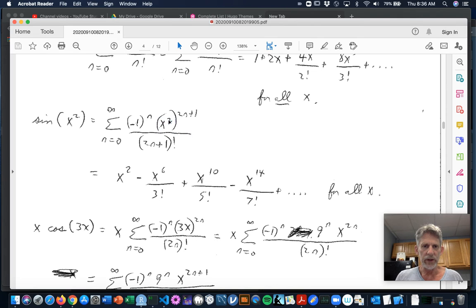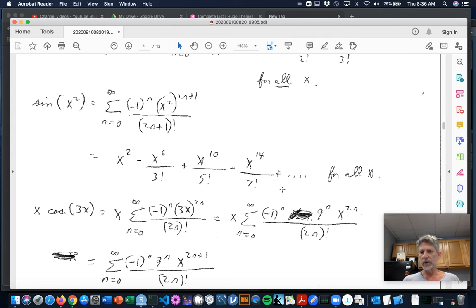This would be x squared to the 1 over 1 factorial, which is 1. So we only end up with the x squared. When n is 1, then you are going to have a negative. It's right here. And you've got x squared to the 3. x squared to the third is x to the 2 times 3, which is x to the 6. And on the bottom, you've got your 3 factorial. And it would go on like that as long as you wanted to.